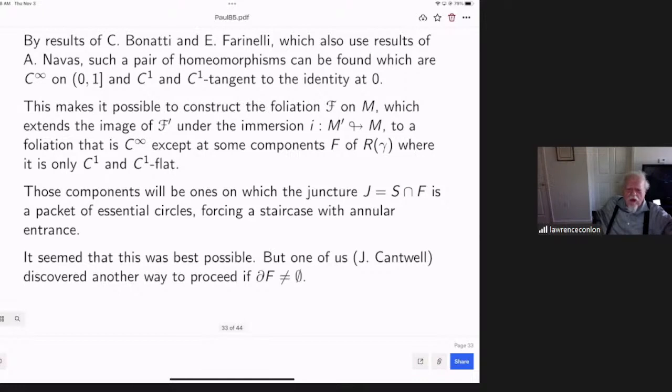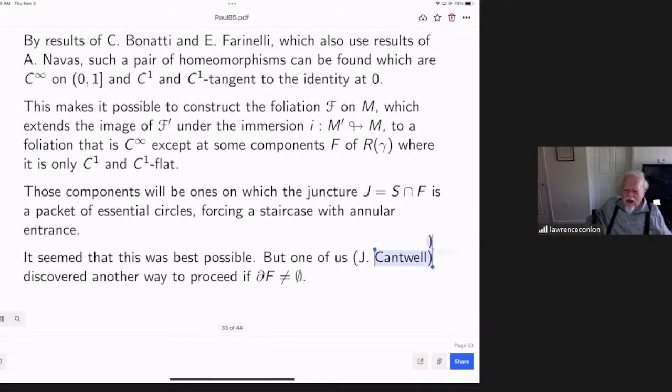Those would be the components on which the juncture is a packet of essential circles, forcing a staircase with annular entrance. It seemed that this would be best possible, but you could smooth Gabbi's foliations except perhaps at finitely many compact loops.